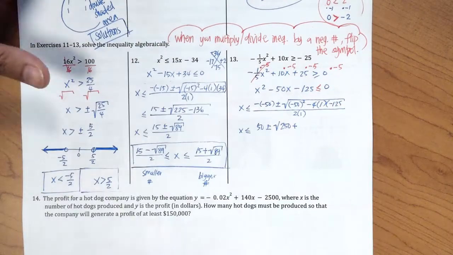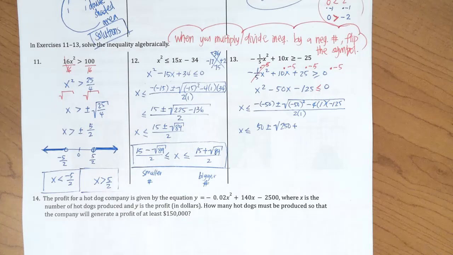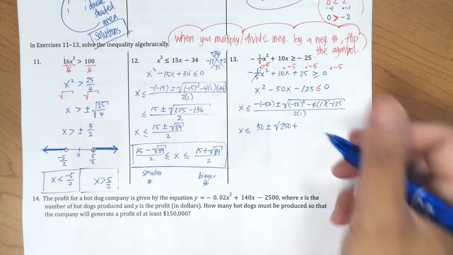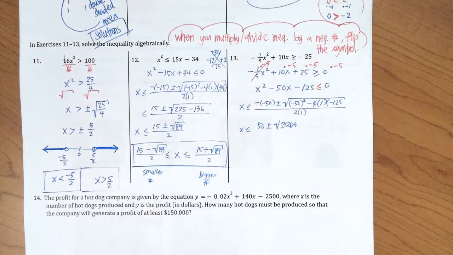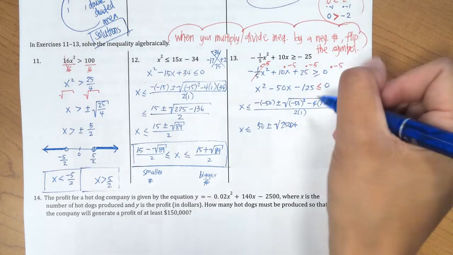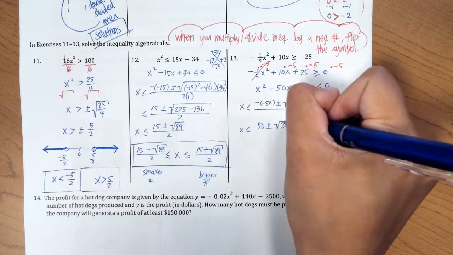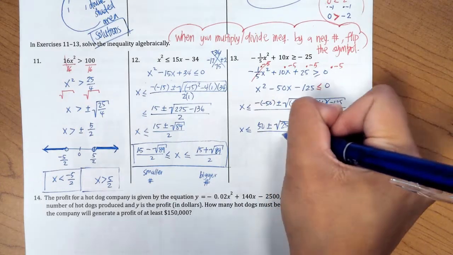Make sure that you have 50 squared plus, oh sorry, lost a 0, plus 4 times 125, so that's 500, all over 2.